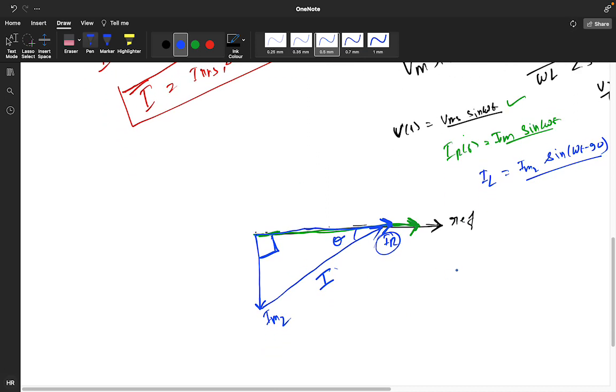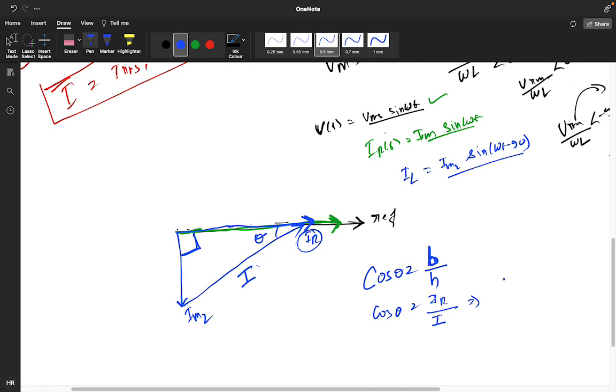So can anyone tell me what will be the power factor for this case? Cos theta equals base by hypotenuse. So for cos theta, what is the base? IR. And by what? I. IR can be written like this: IR equals V by R. So in the general form, I equals V by Z, and the voltage is the same for both cases.